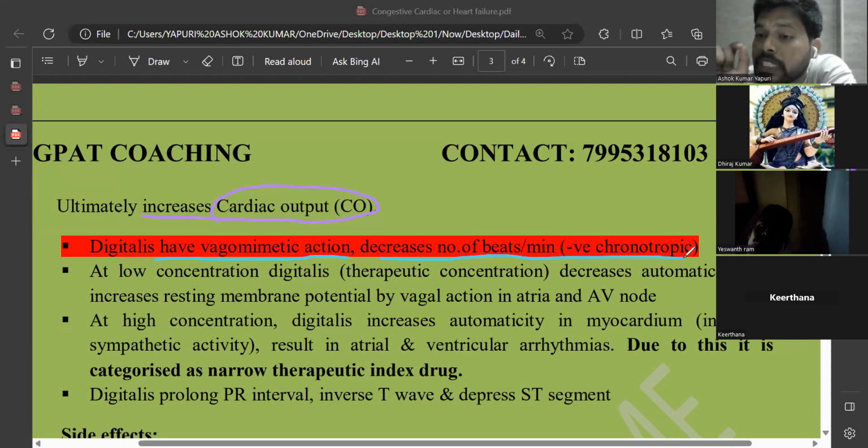The action of acetylcholine on the heart is decreasing the number of beats. So digitalis produces positive inotropic action by inhibiting the sodium potassium ATPase enzyme, and the same digitalis produces negative chronotropic action by mimicking the vagus nerve, increasing acetylcholine, whose role on the heart is decreasing the number of beats.